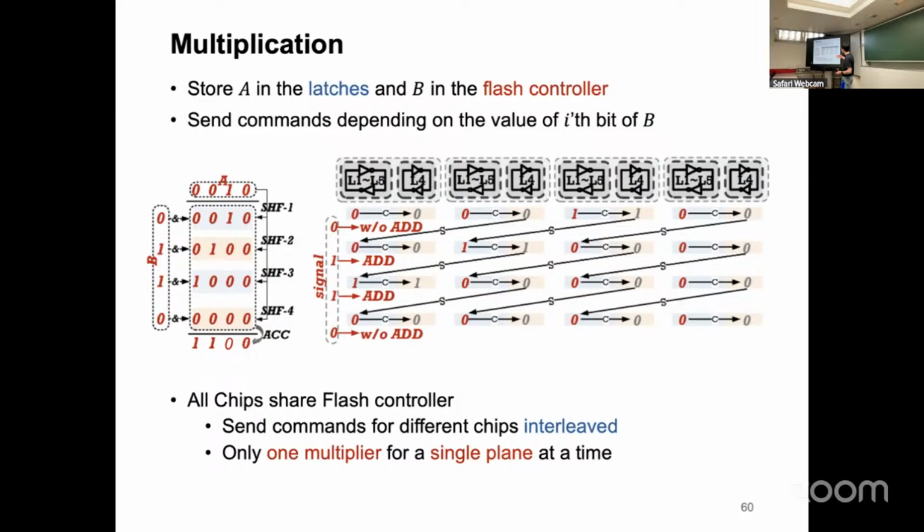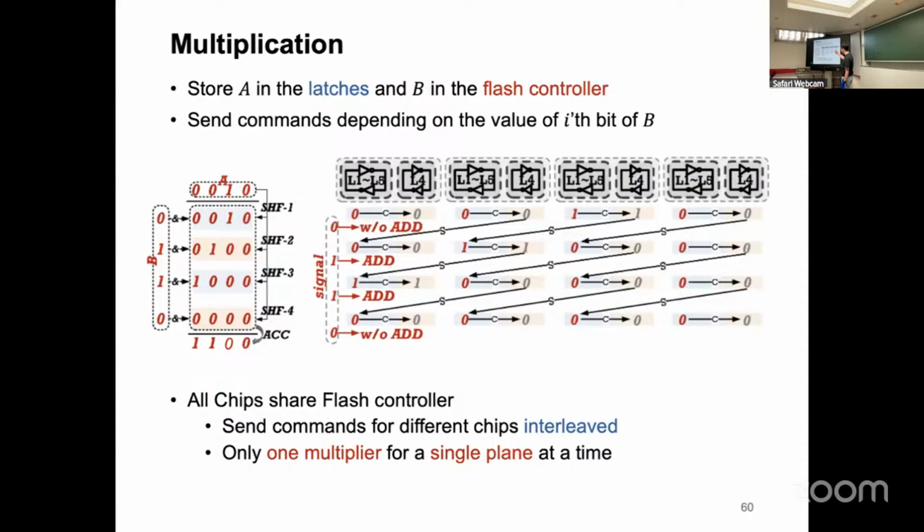And then, depending on the value of the ith bit of B, we send different commands. Namely, if we have a 0, we just shift the operand that is stored in the latches, and if we have a 1, we first add the previously shifted operand to an intermediate result, and then shift it.